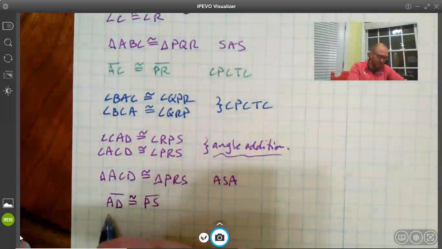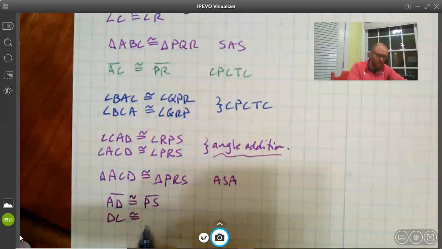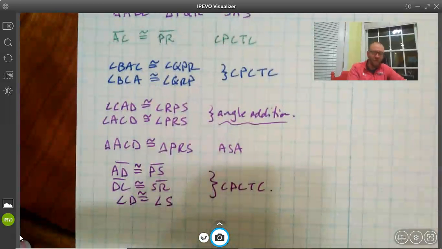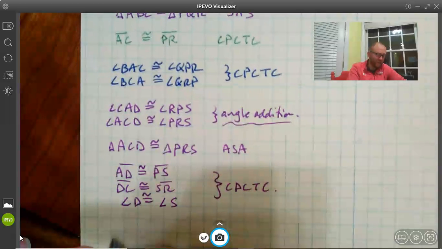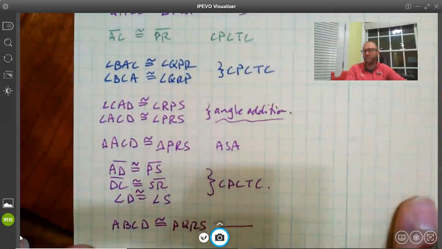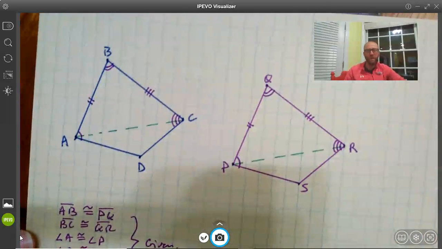We've got DC congruent to SR. And we've got angle D congruent to angle S. And this is all corresponding parts of congruent triangles are congruent. And that gives us the final pieces we need to say that ABCD is congruent to PQRS. Okay. By the definition of congruence, you could say. So we've met all the criteria. All the sides match up, all the angles match up.